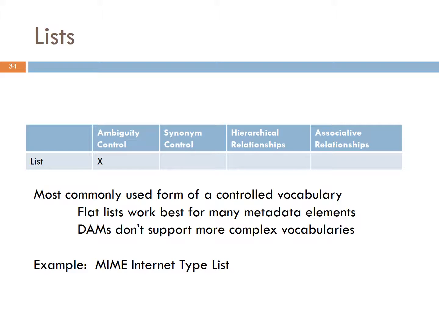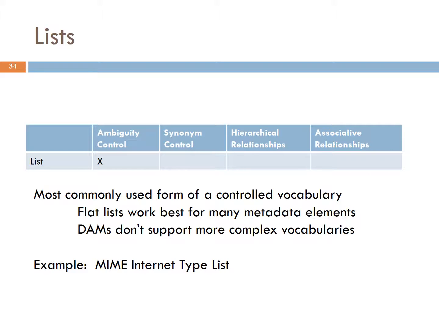Lists may include ambiguity control by adding qualifiers to terms as needed to disambiguate them from otherwise seemingly identical terms, but they do not include full-fledged synonym control, that is, the linking of a synonymous term to another. The list is probably the most commonly used form of controlled vocabulary in a majority of cultural heritage digital collections, and there are two reasons for this.